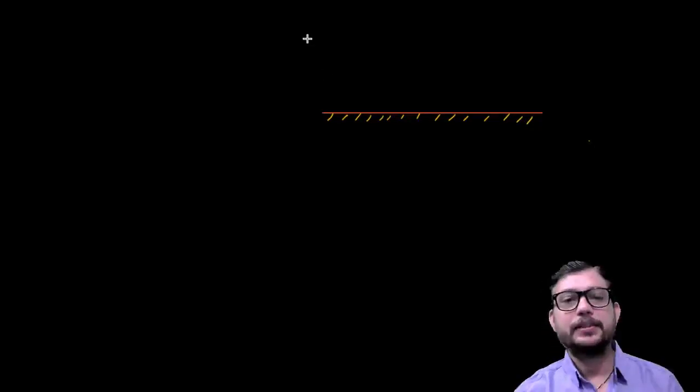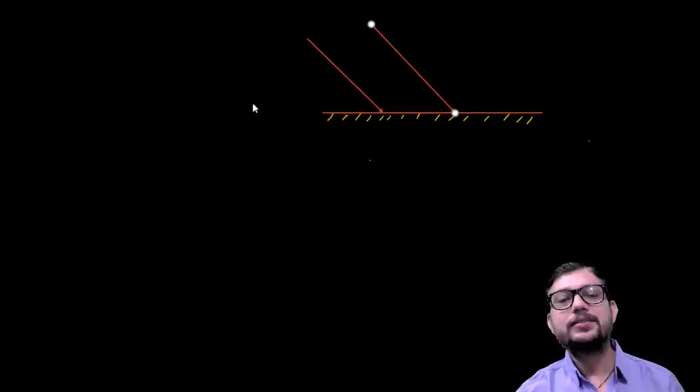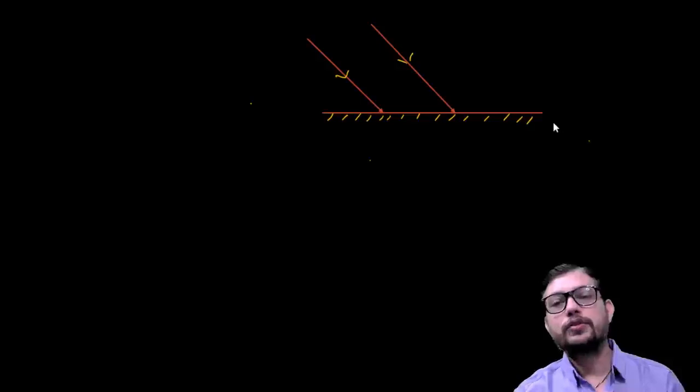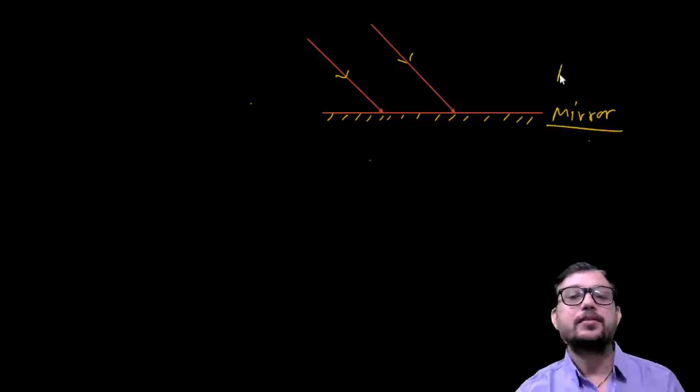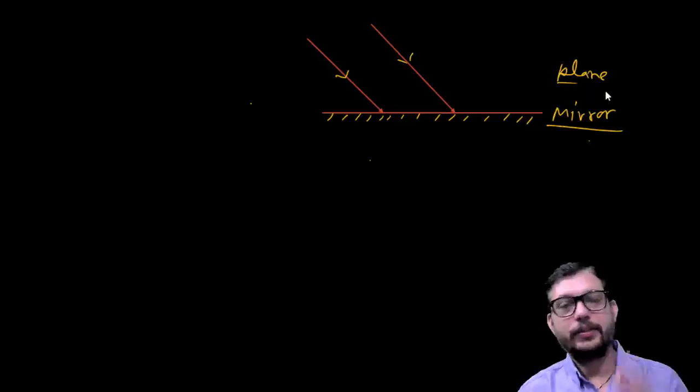Let these be your incident rays, this is your first ray, and this be your second ray, like this way. These two rays are parallel rays and are incident on your polished surface, let it be your mirror or plane mirror.